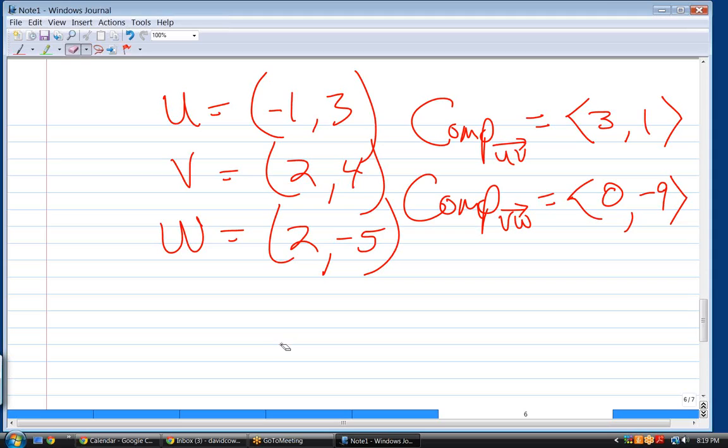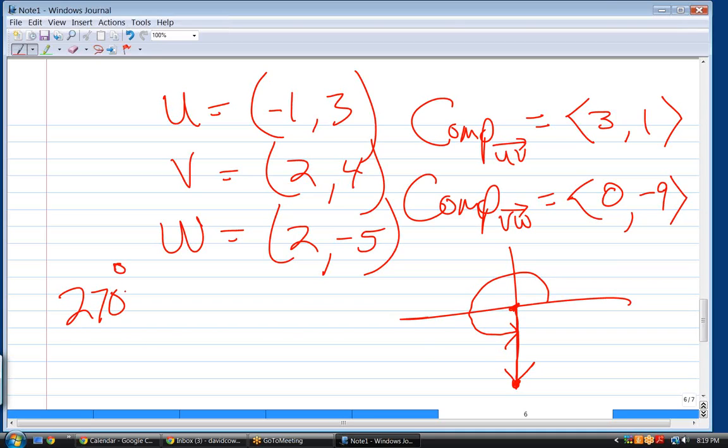And notice that that vector, if I were to draw the component, it goes from here down to there, right? So theta, in other words, the angle that this vector would measure from the x-axis should be 270 degrees, right? Okay, well, let's figure out what it is.